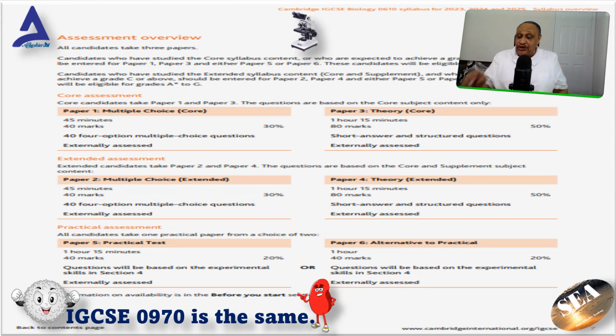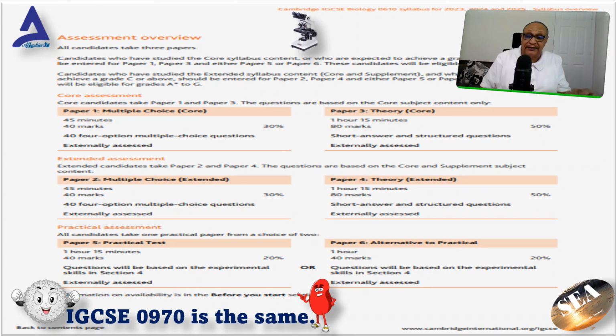Each one of these has specific numbers, and now we are going to go through them one by one. Paper 1, which is a core paper, and paper 2 are similar in the way that the test is presented to the students. The time allowed for each paper is 45 minutes.